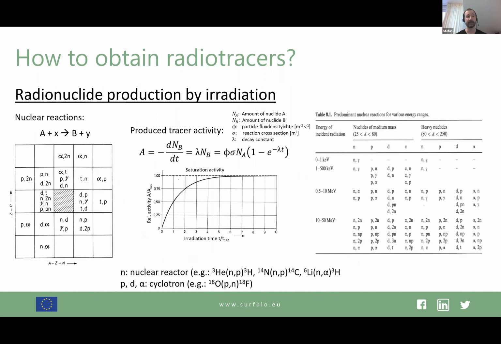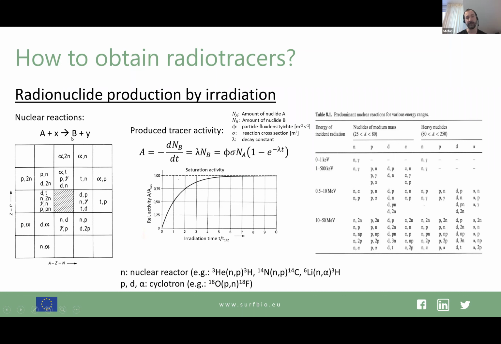The other way to obtain the radio tracers would be to produce them via irradiation. So I can irradiate a nuclide, indicated here by A. I have a projectile which can be anything from a neutron or gamma photon to a proton, alpha particle or deuteron.